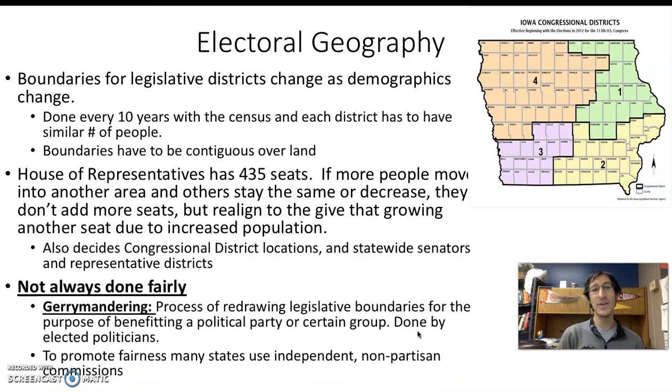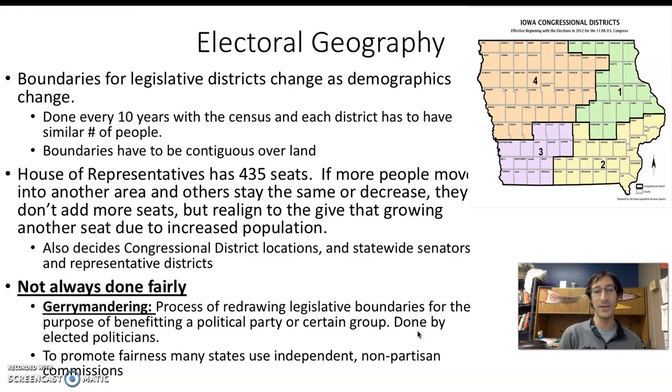Now, this is not always done fairly, and this is where that definition of gerrymandering comes in. That's the process of redrawing the lines, the legislative boundaries, for the purpose of benefiting a particular political party or a certain group. All right, and this is done by elected politicians. And that's really going to be our focus here. On the opposite side, however, you don't have to have politicians doing it.